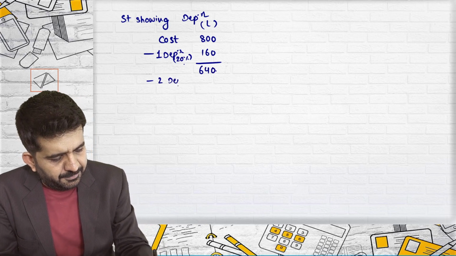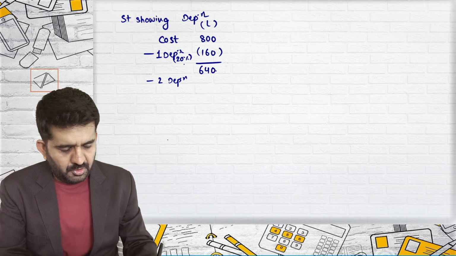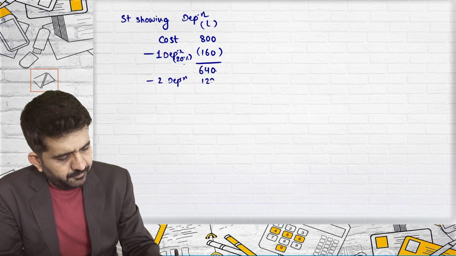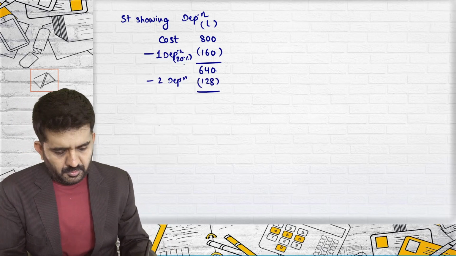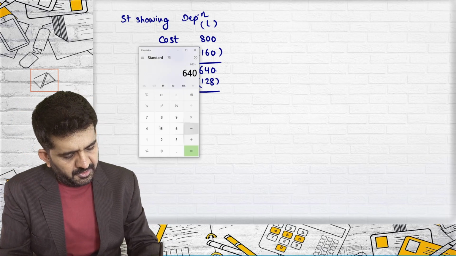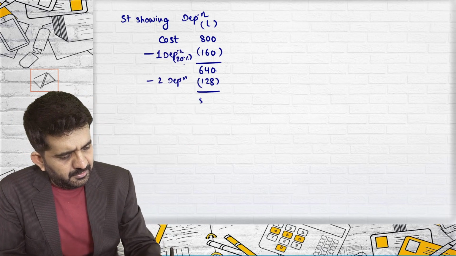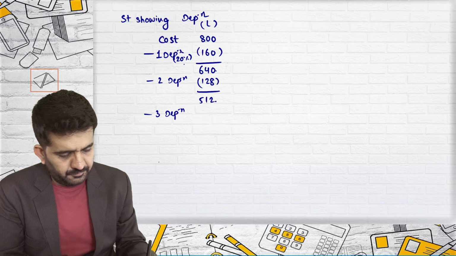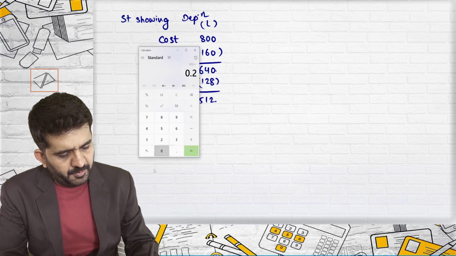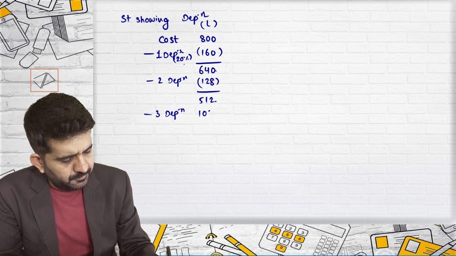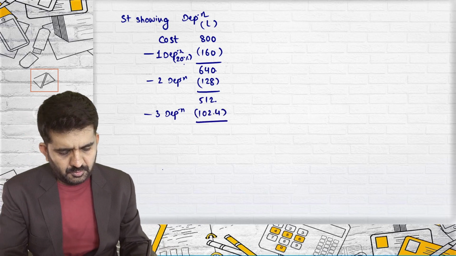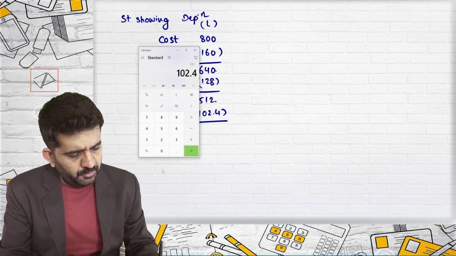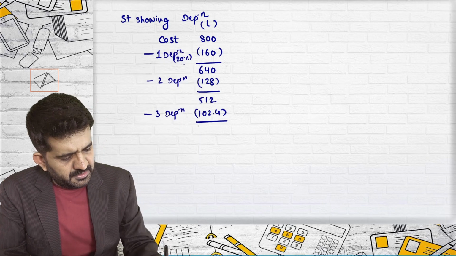Minus second year depreciation: 640 into 20% is 128. 640 minus 128 is 512. Minus third year depreciation: 512 into 20% is 102.4. 512 minus 102.4 is 409.6.